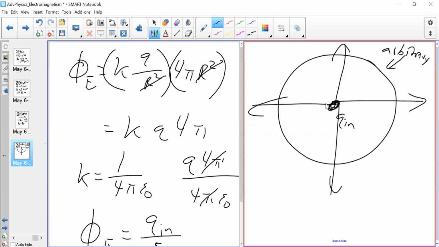So the surfaces are arbitrary, but depending on what surface we choose, we'll have to conform to that charge density.